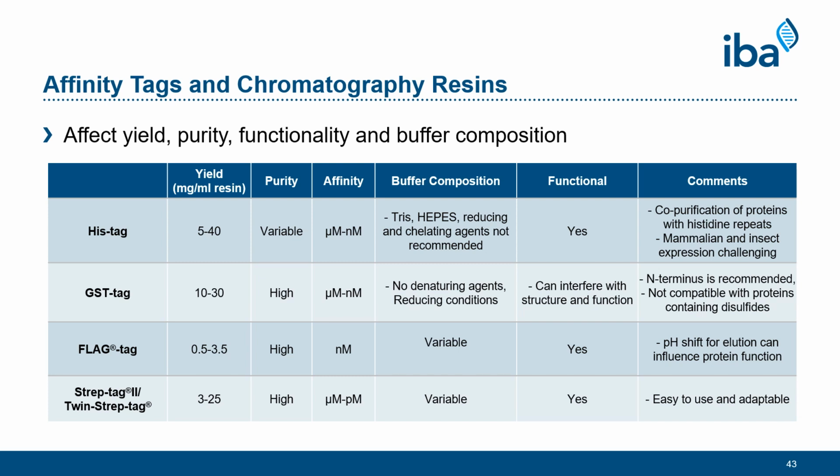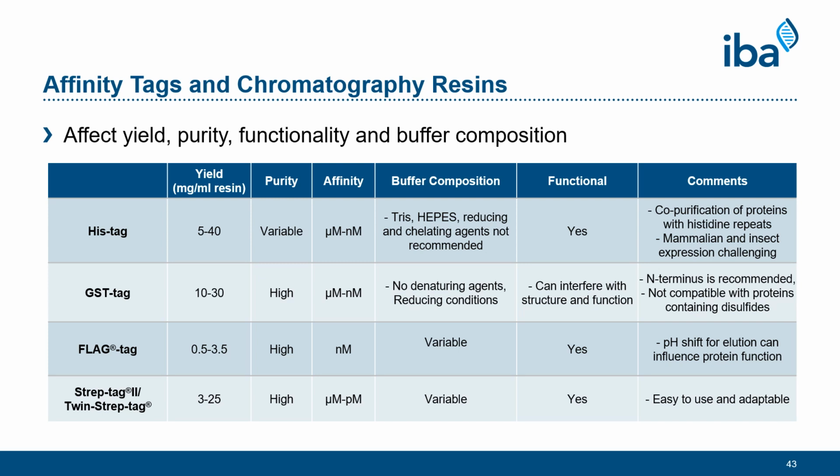His tag purified proteins often contain contaminations of co-purified proteins with histidine repeats, and purification results from mammalian and insect cells are not satisfying since the supplements in the medium or the pH of the medium reduce the resin's binding capacity.